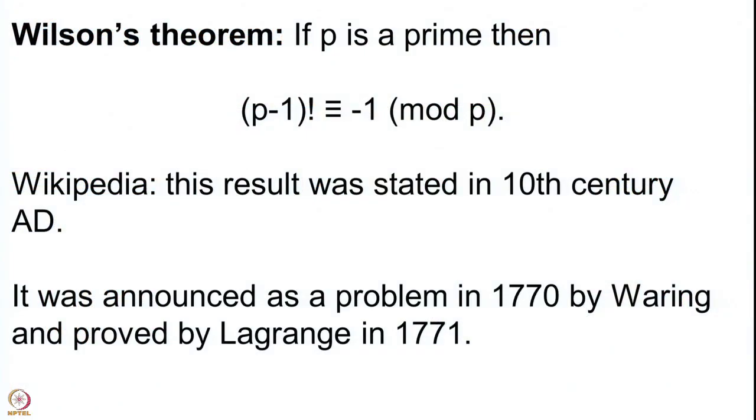He computed this p minus 1 factorial for several primes, and he noticed that this is congruent to minus 1 mod p. So, as is very common with teachers, Edward Waring gave it as a problem to John Wilson to show that p minus 1 factorial is congruent to minus 1 modulo p for every prime, but Wilson could not do it.